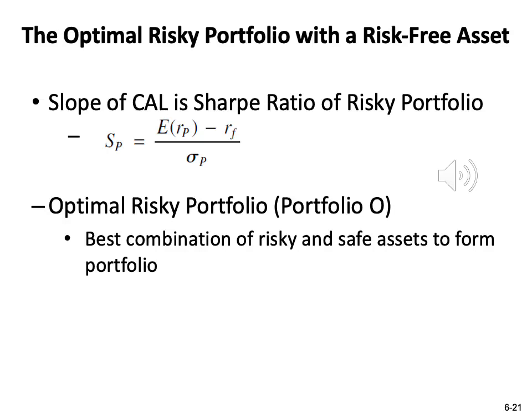Remember from the last chapter, the slope of the capital allocation line is our Sharpe ratio. The definition of the Sharpe ratio is the risk premium over the standard deviation of the risky portfolio. So now our goal is to calculate the optimal risky portfolio, the portfolio A, by choosing the best combination of risky and risk-free asset.